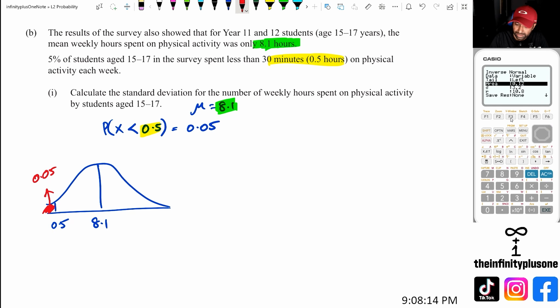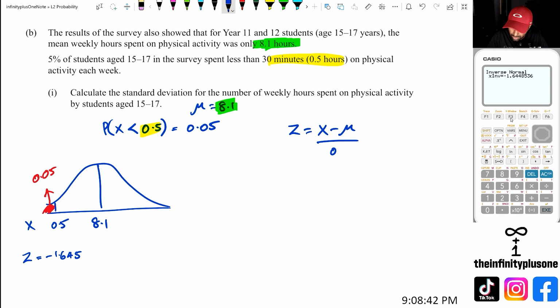I've got left tail 0.05 and standard deviation of 1 and mean of 0. So that's going to give me a z value. So the x value is 0.5. Then the z value is equal to negative 1.645.